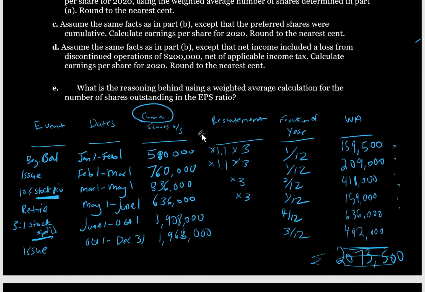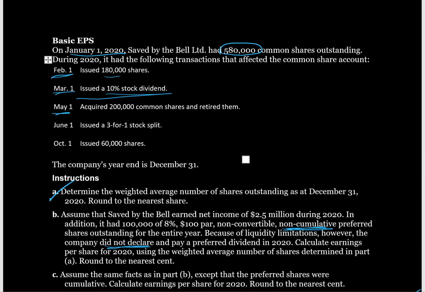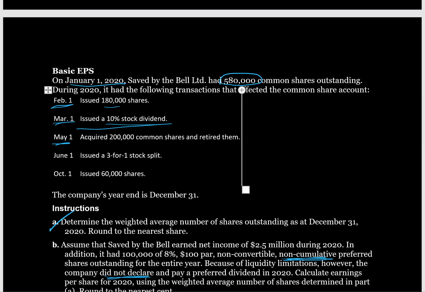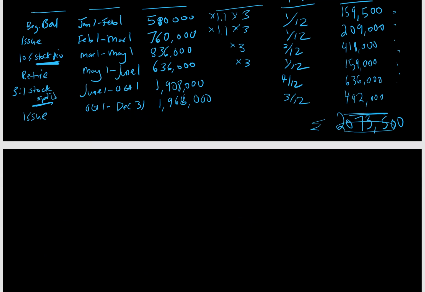So let's calculate our earnings per share. So let's find our net income up here. We're told that they had net income of 2.5 million. So let's write out our formula.